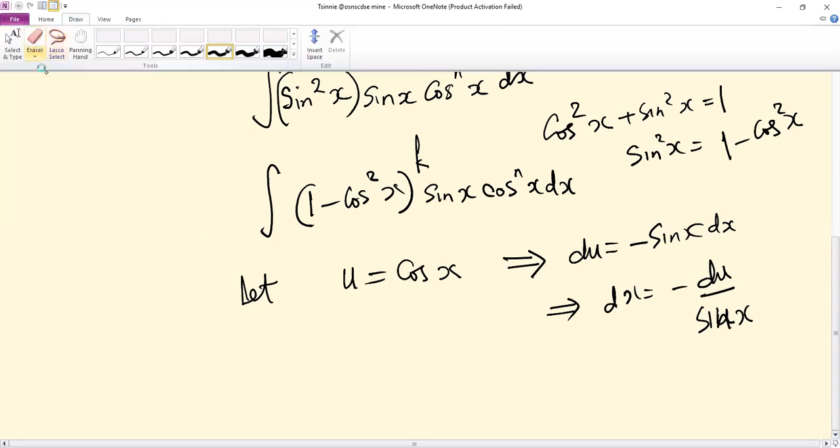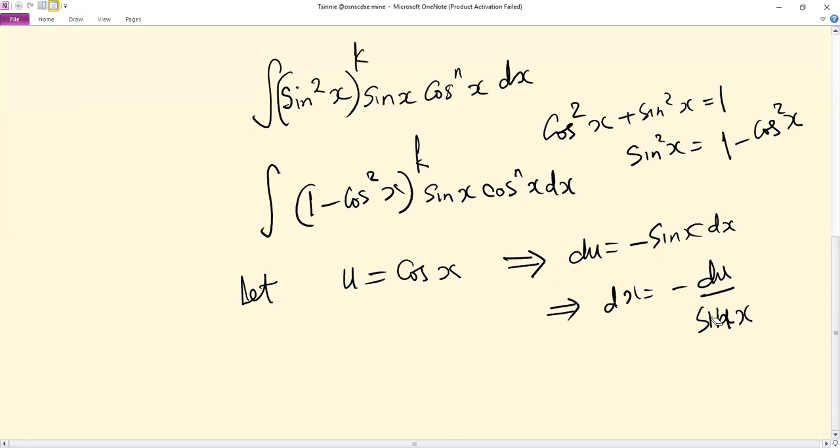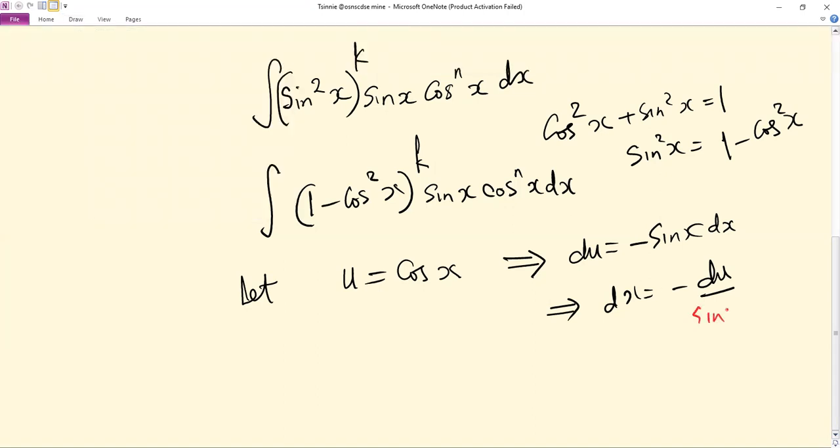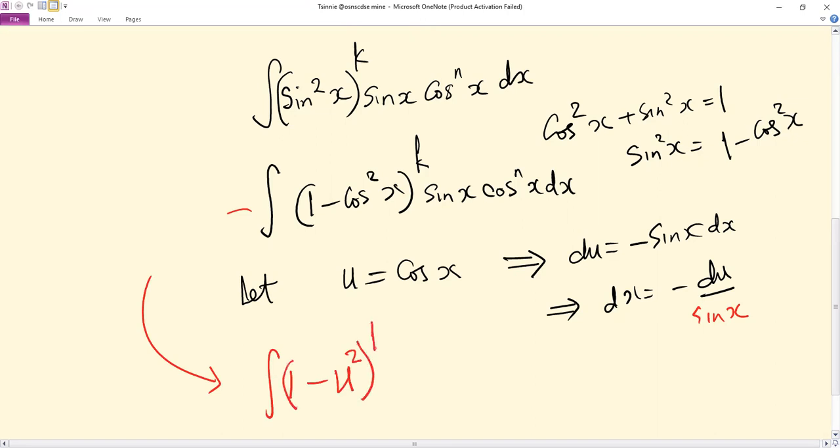And so the integral will now be transformed into the new variable u. So this will be the integral of 1 minus u squared to the power k, and then sine of x times u raised to the power n, and then dx is minus du over sine x.